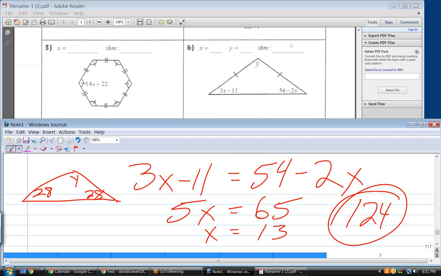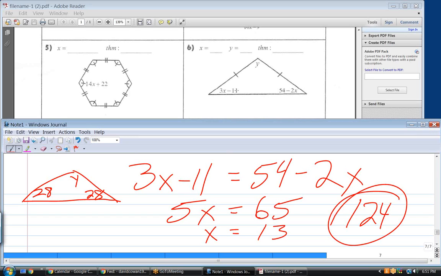As far as the theorem goes, the first one would be: opposite angles of an isosceles triangle are congruent. Therefore, the measurement of this angle is equal to the measurement of that angle, definition of congruence.